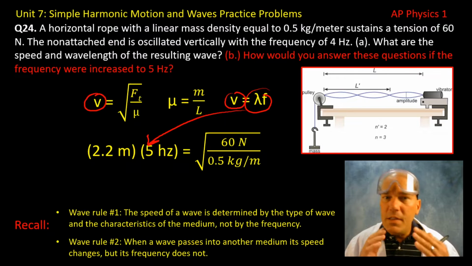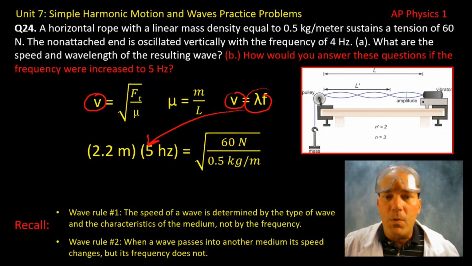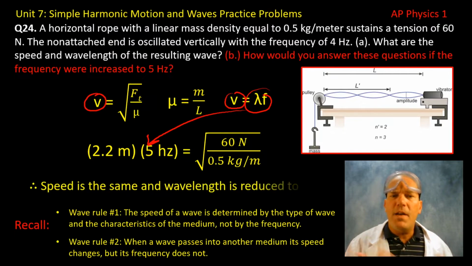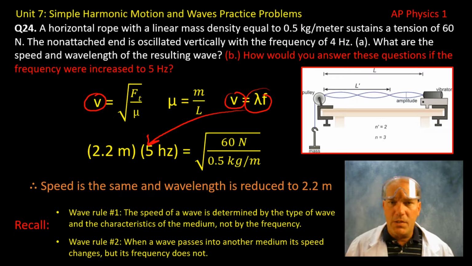Therefore, the speed does not change, because the velocity is equal to the square root of the force of tension, which didn't change, divided by mu, which did not change. So our speed is not going to change. It's still going to be equal to 11 meters per second. And in order to satisfy that, we need to have a wavelength that is decreased.